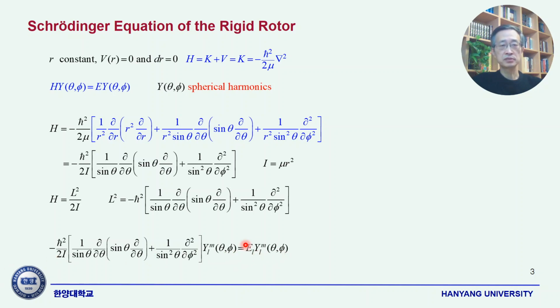This is the Schrodinger equation for the rigid rotor in terms of theta and phi.